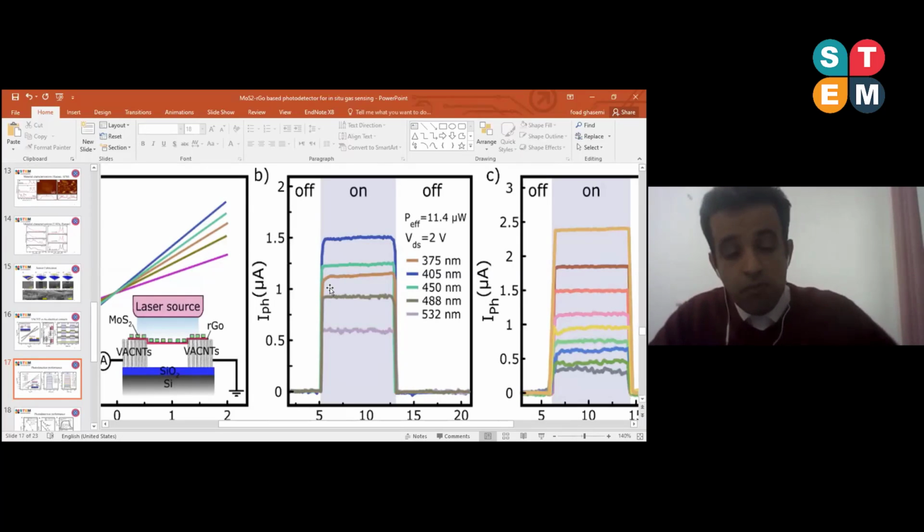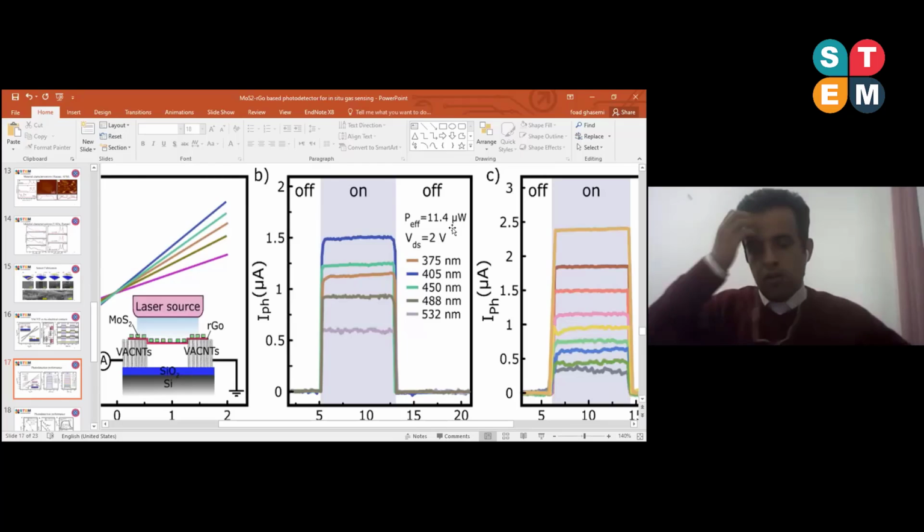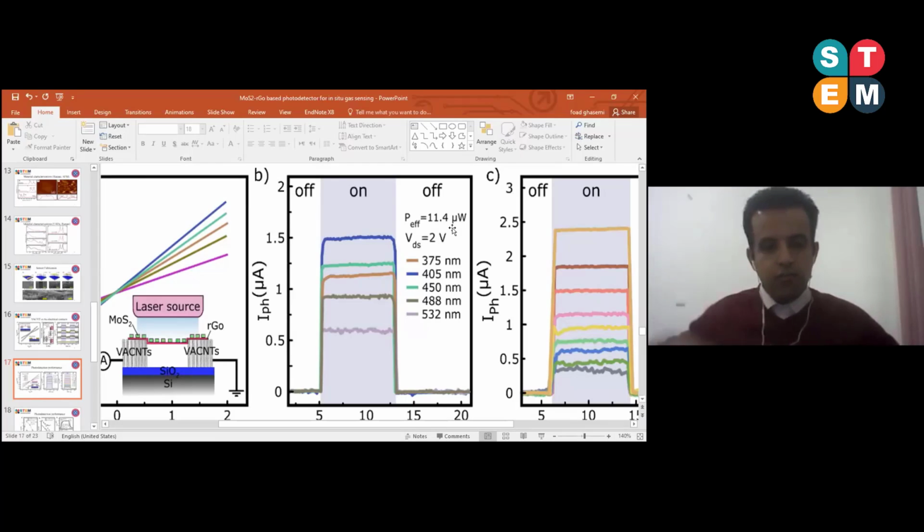So we haven't measured the signal to noise, but because we have a good increase of the current after irradiation, we have a good signal for measuring the sensitivity of our sensor.